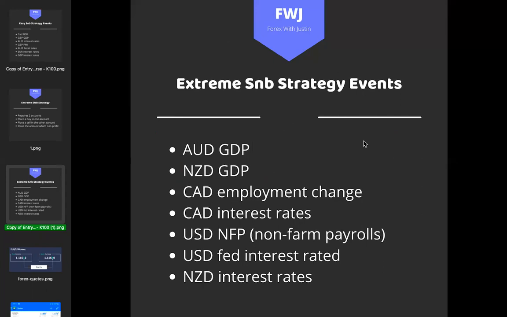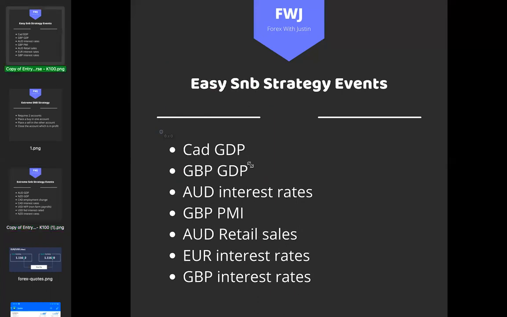This is the list. The reason why I said you shouldn't switch strategies for the list is because for the extreme SMB, if we use it for, let's say, this news event here, for the easiest SMB, if we use the extreme for this event and it doesn't move, since with the extreme we're placing direct buys and direct sales, you have to pay the broker the commission there and then.